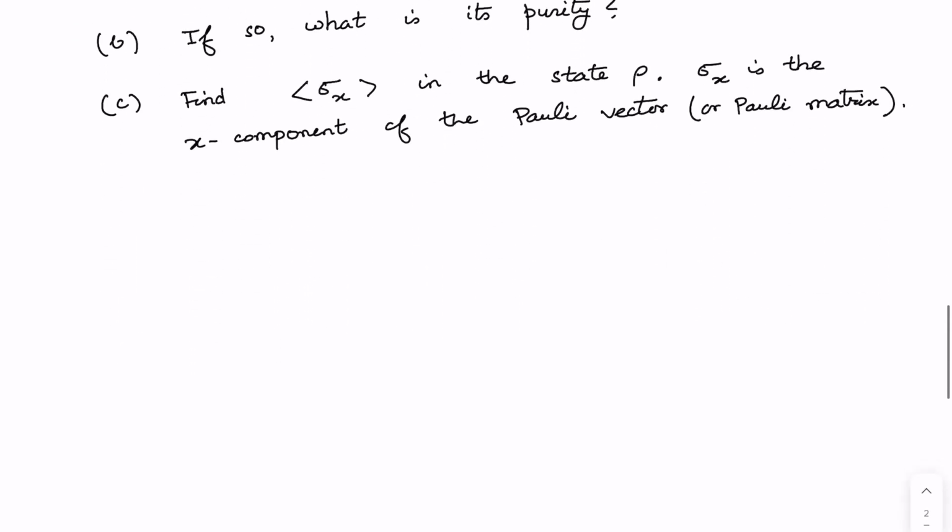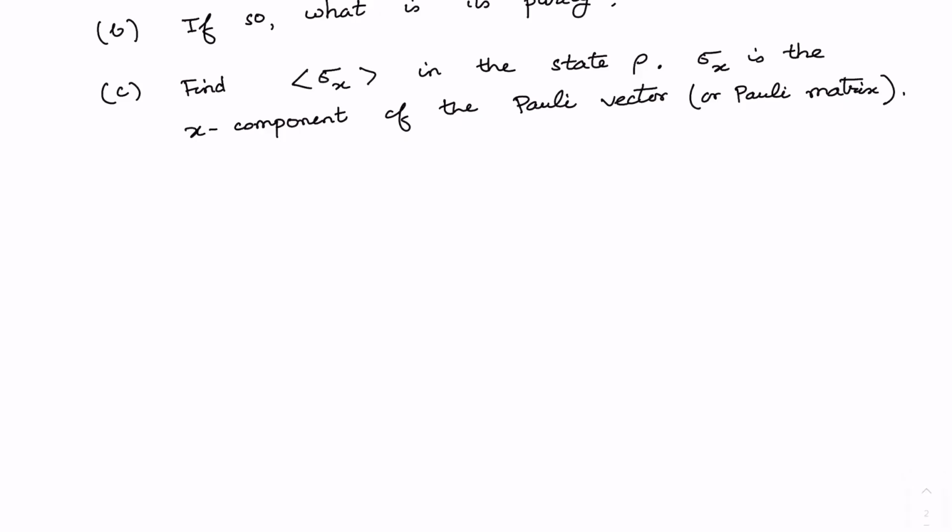To do that, let me first remind you of some properties of the density matrix. The essential properties of a density matrix, by which we can say a matrix is a density matrix, are as follows.